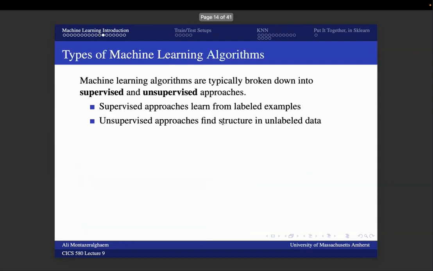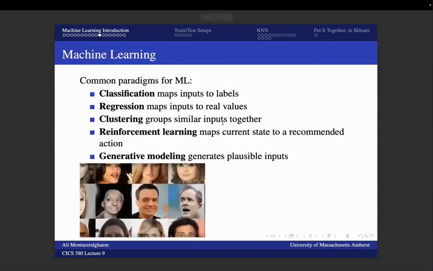So as a summary, for classification, we need to predict the label. For regression, we need to predict the real value. For clustering, we need to group the similar inputs together. We don't predict anything.